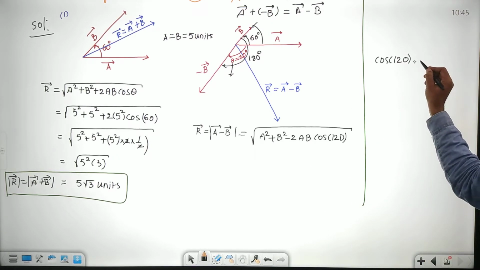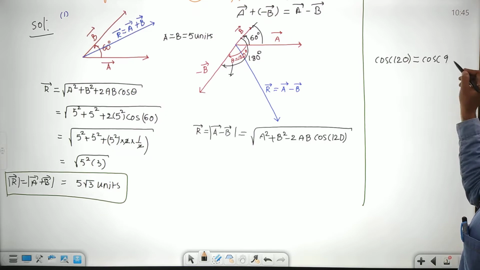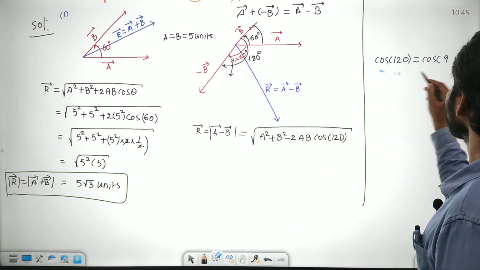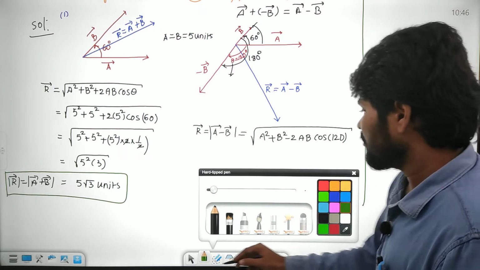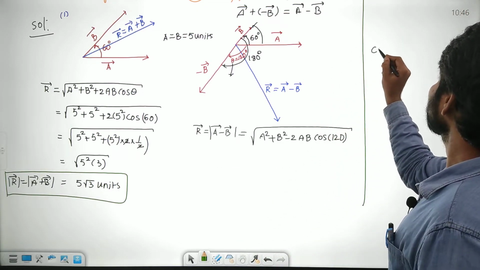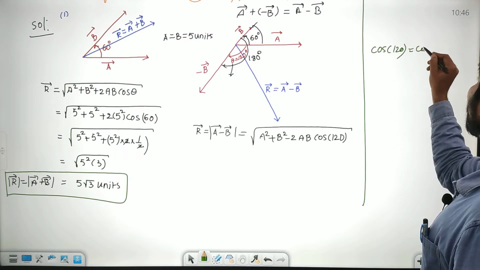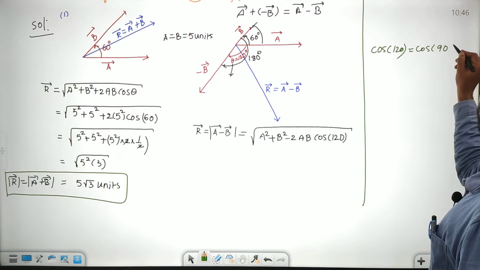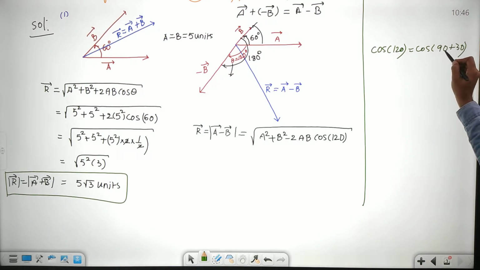See, we can write cos 120 as cos of 90 plus 30. Right? So this is the 90 plus theta concept.